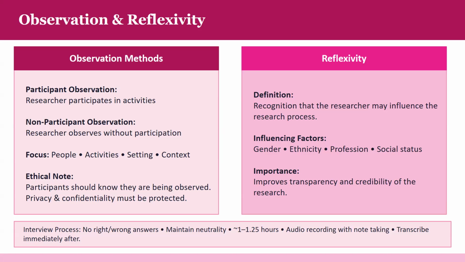The focus is people, their activities, the setting of the environment, and the whole context. The ethical note here is that participants should know they are being observed, but at the same time, privacy and confidentiality must be protected.